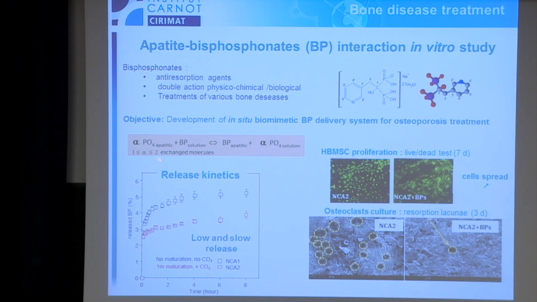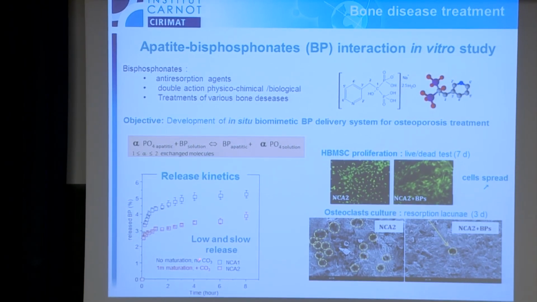And we found that there are between 1 and 2 exchanged molecules depending on the type of biphosphonate, because there are several types of biphosphonate depending on one of the groupings on the POP bond. If we look at the release kinetics of adsorbed biphosphonate on nanocrystalline apatite.